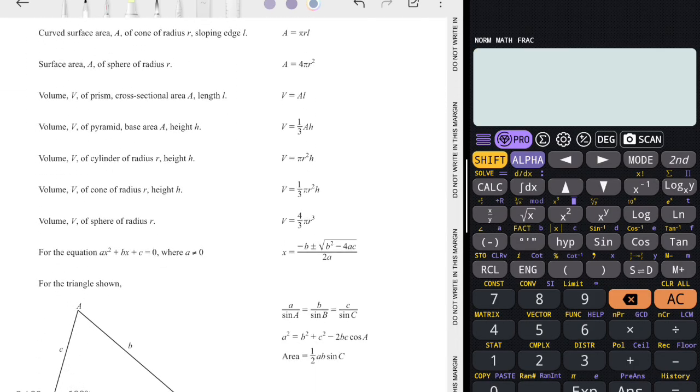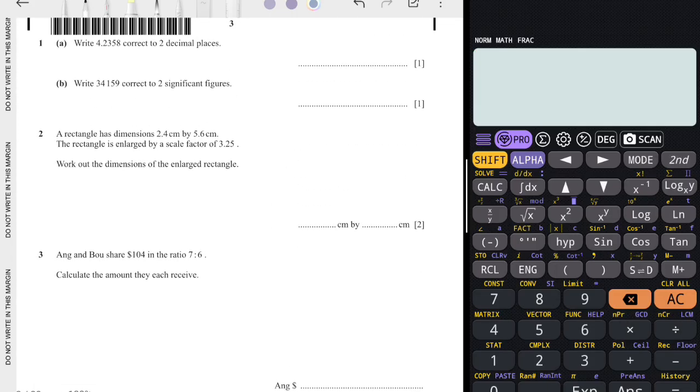Formula sheet is given. Now we'll start from question number 1. Write 4.2358 correct to two decimal places. So for this purpose, we have to see the value at the third decimal place, that is 5.